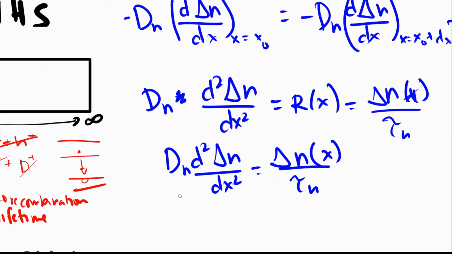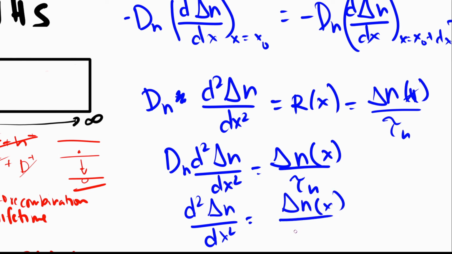We can rewrite this so that the differential is on one side: d squared delta n over dx squared is equal to delta n x over tau n Dn.